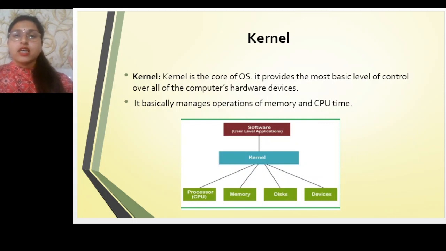What is a kernel? Kernel is the core of an operating system, or the heart of an operating system. It performs the four main tasks that we studied in the previous lecture: process management, memory management, disk management, and device management. We'll have dedicated lectures for all these functions. But just remember that the kernel is the main component of the operating system.